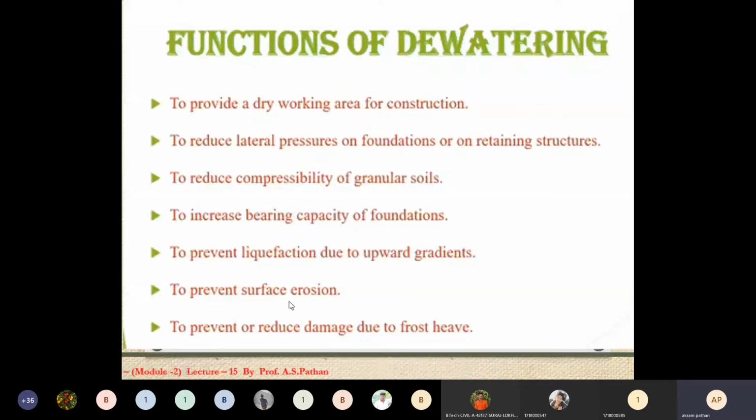While excavating, if a large amount of water is there, then the sides of the trenches will collapse. So to avoid erosion of soil at the foundation, we have to dewater whatever water is at the construction area. Also, to prevent or reduce damage due to frost heave. So these are the various objectives of the dewatering process.